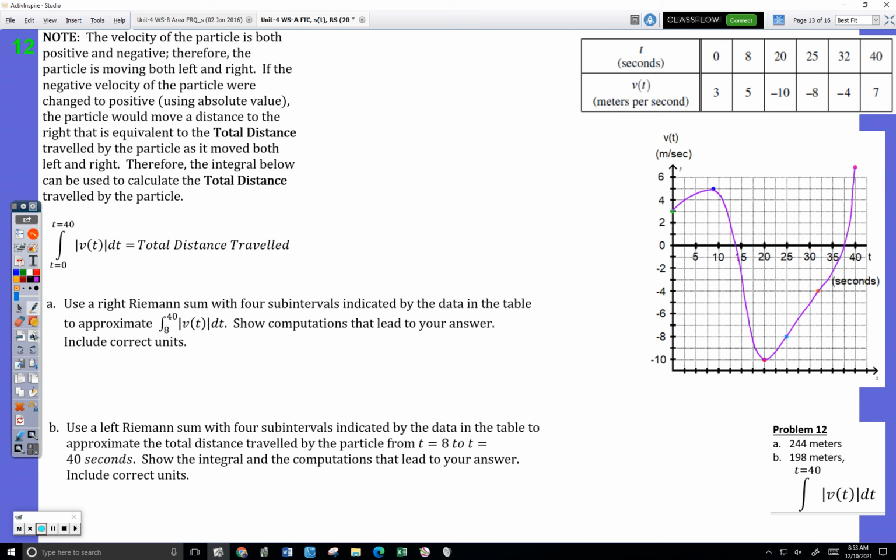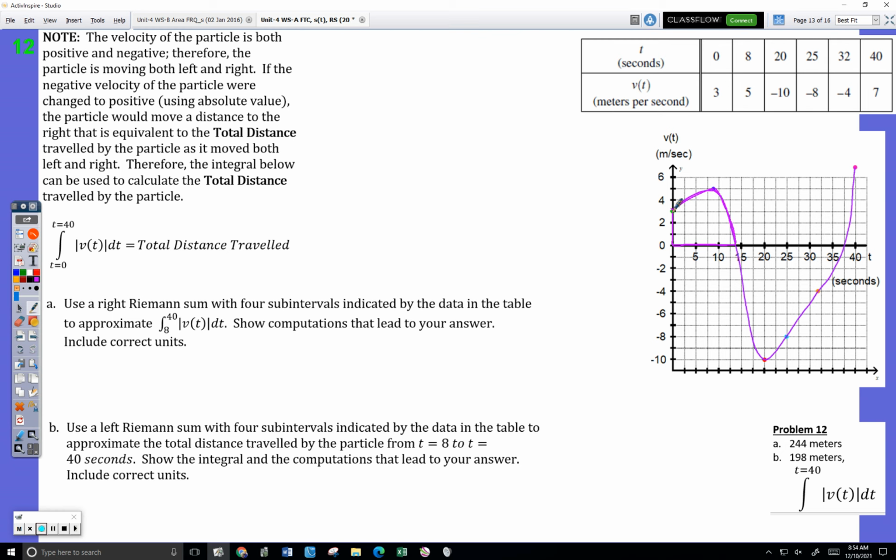Okay, the graph we've been looking at for velocity shows both positive and negative velocities. Therefore, the particle is moving both left and right. If we were to calculate this area precisely, right here, that area would represent the displacement of the particle to the right.